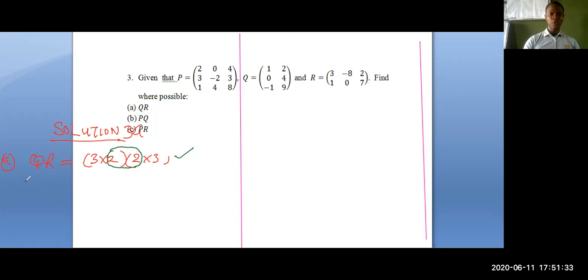Q is 1, 0, minus 1, 2, 4, and 9, and multiplied by R, which is 3, 1, minus 8, 0, 2, and 7. And of course, if you have been practicing this, you discover that a time will come that it becomes more easy to do.